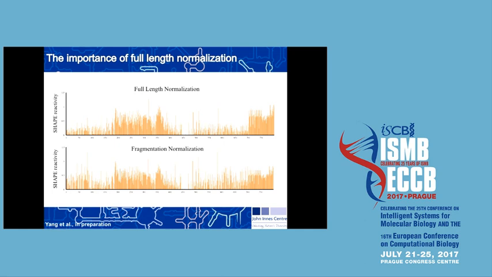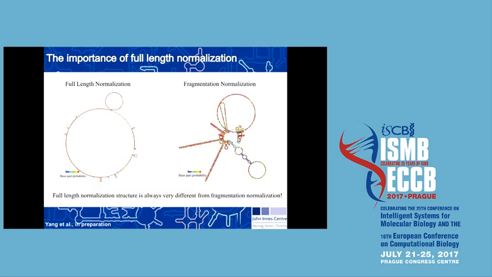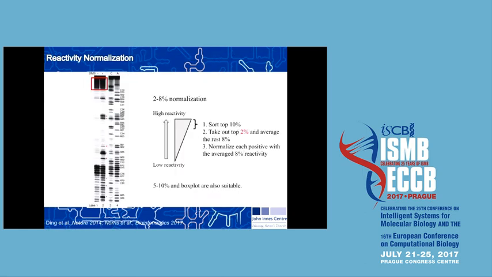So across the whole transcript, you don't see this pattern anymore. And surprisingly, if you just fold it, it gives you a completely different structure. So the full length is a really important normalization to really know what's going on in your RNA.